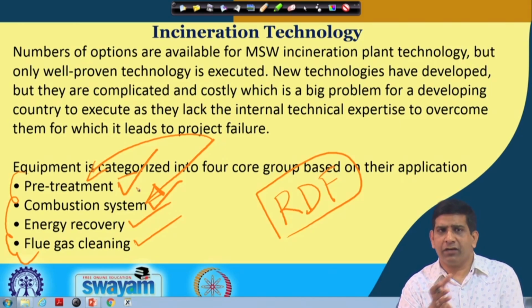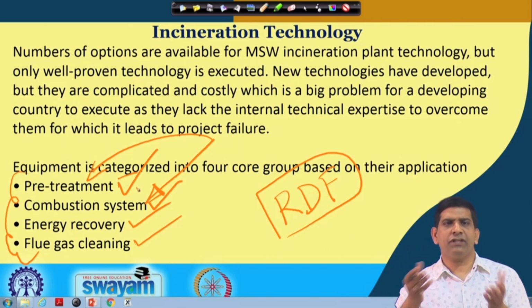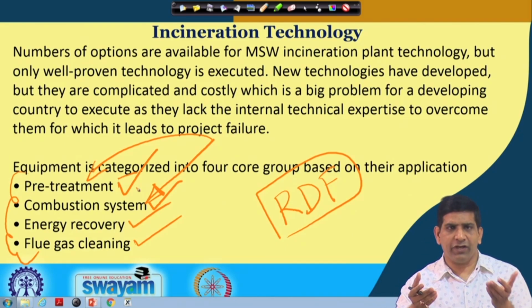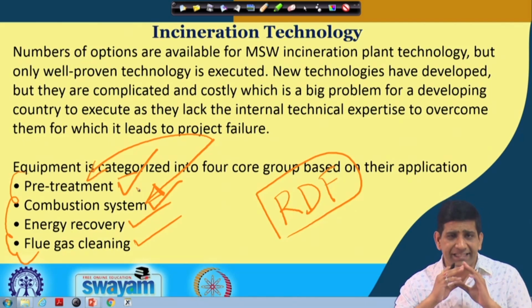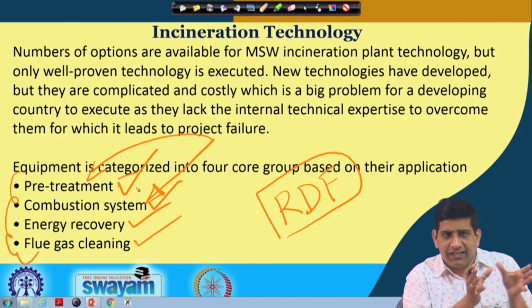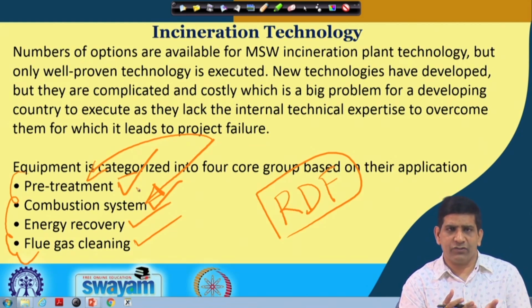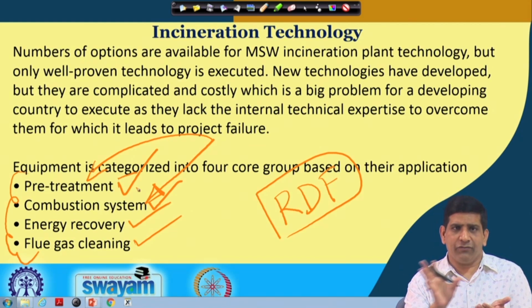So either you take all those hazardous things out and make the moisture content low, or if you are going to use RDF, you will shred it, and rather than using a mass burn facility, you will use a refuse derived fuel facility, which increases the efficiency of the system. But then you need to put in place the earlier systems to make RDF, which has a cost as well. So you have to do the economics and the optimization.